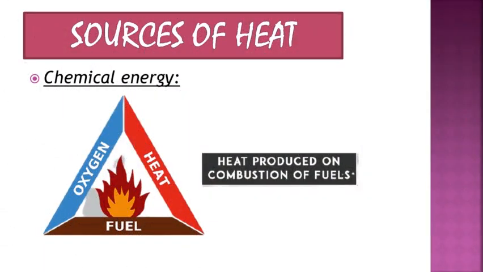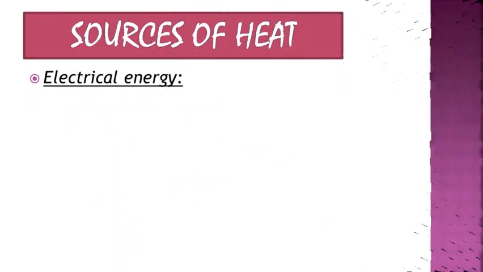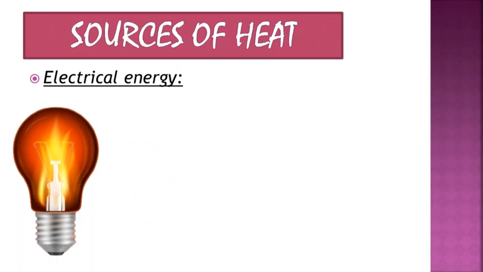Next source of heat is chemical energy. When fuels like wood, coal, petrol, etc. burn, there is a chemical reaction between the fuel and oxygen, and heat is generated in this reaction. So next source of heat is electrical energy.